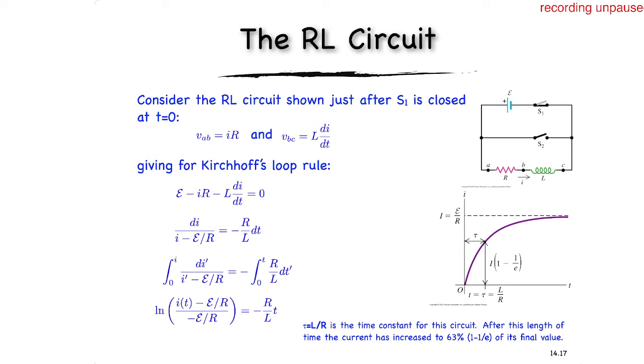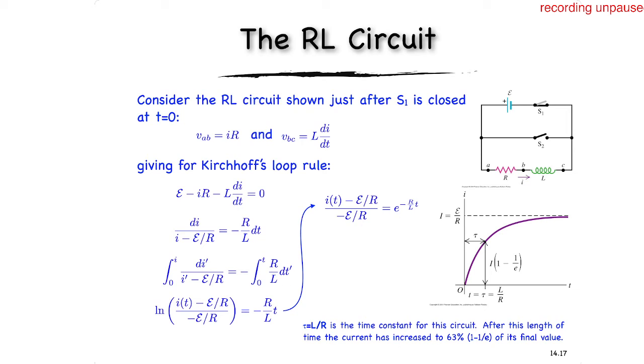And on the right side, integrating this is trivial. It's just multiplying R over L by t. So I've done that there. And now my goal is to solve for I of t. So the first step is to raise e to the left side and raise e to the right side. When we raise e to the natural log of something, we just get that something.